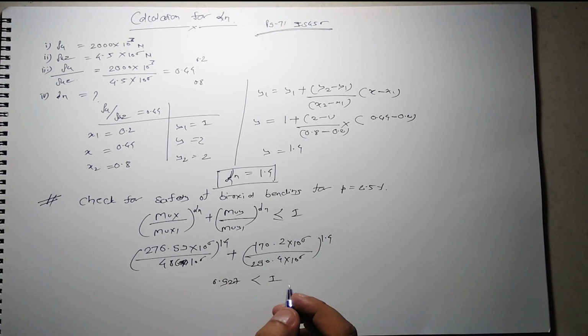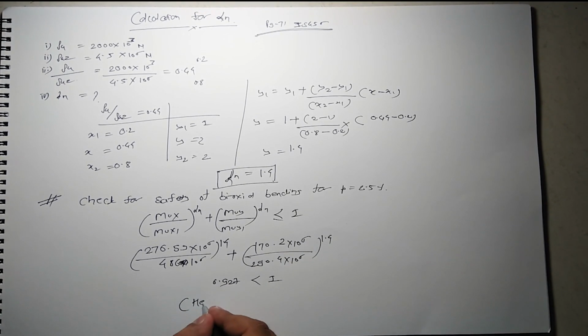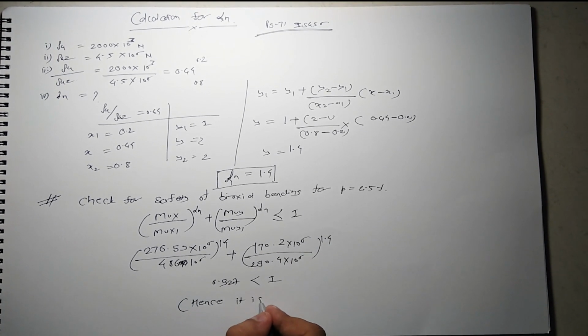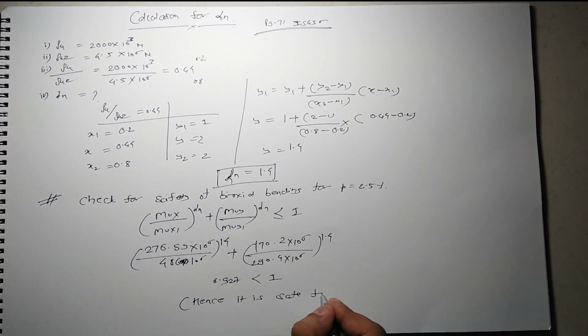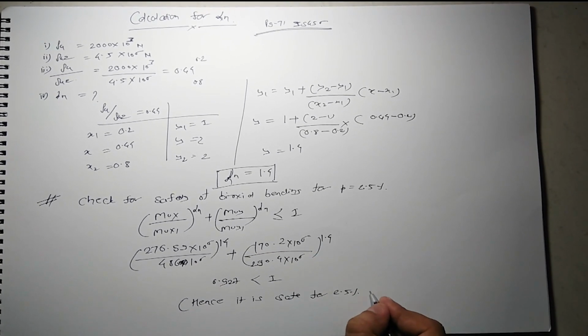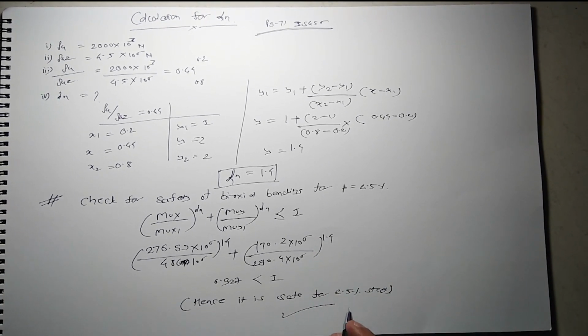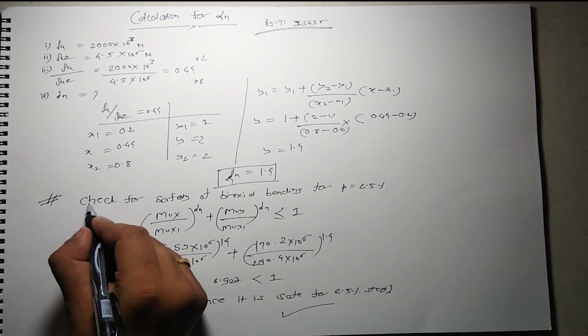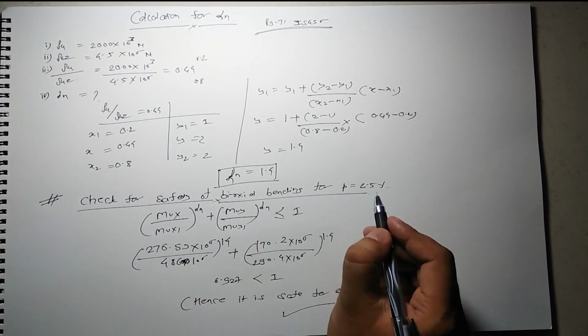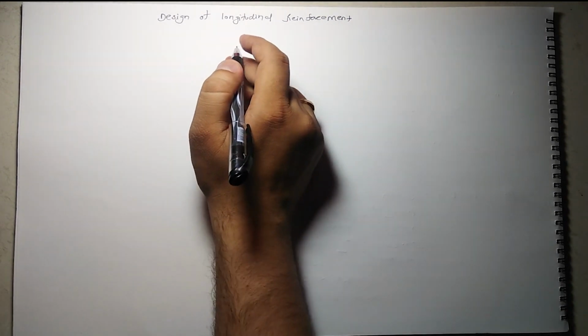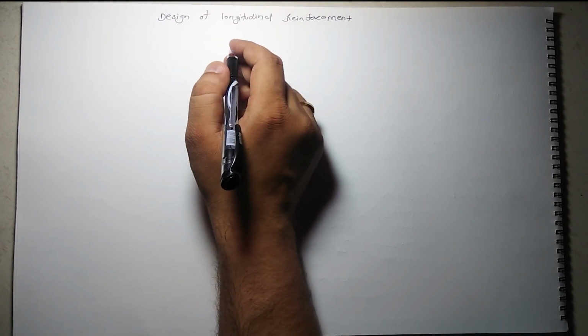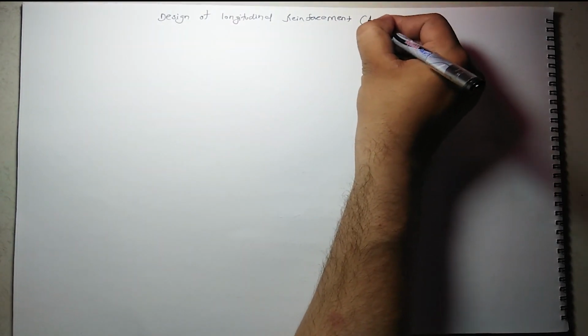So it is less than 1. Hence it is safe for 2.5 percentage of steel. I hope you understand. It is a very crucial check and we have passed it. Now our next step will be the design of longitudinal reinforcement, that is As.